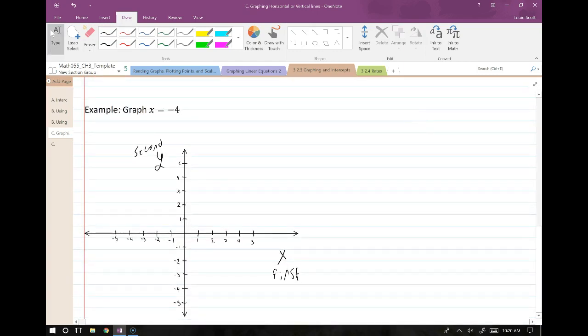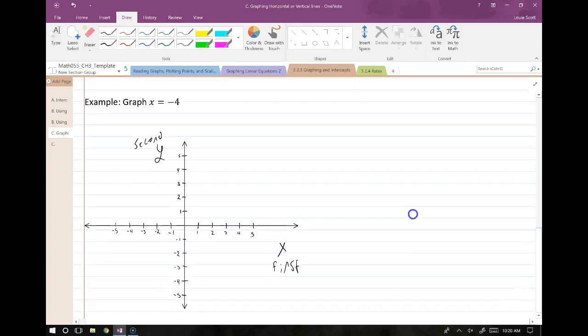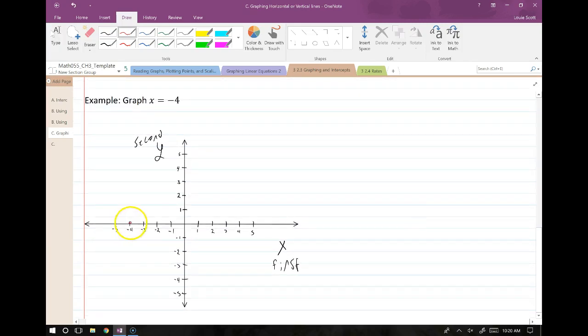For the same reason, that's why we graph x equals -4 as a vertical line. Because x equals -4 here, if we have the point -4, 0, this equation is true because x equals -4. In the same vein, the point over here, which is -4, 2, this equation is still true because x is still equal to -4.